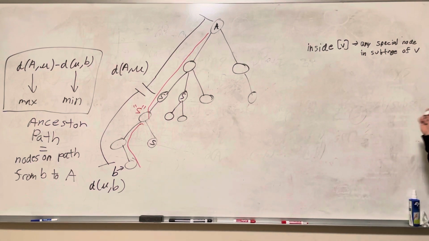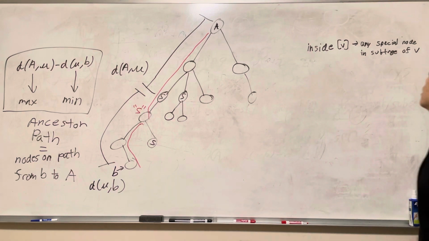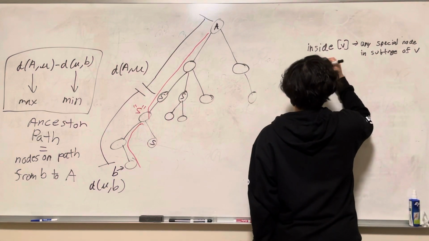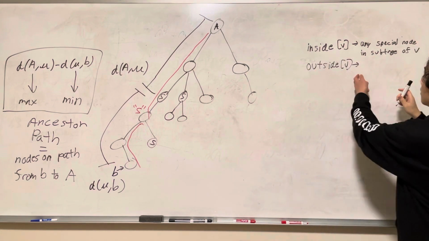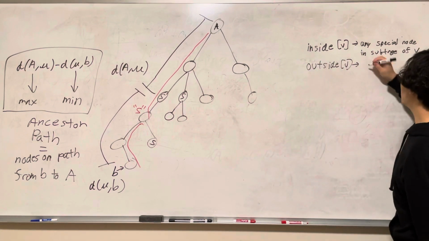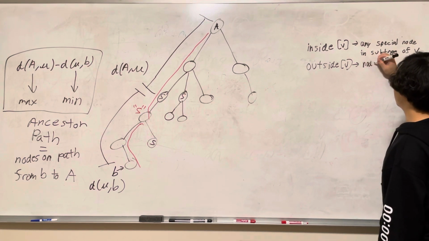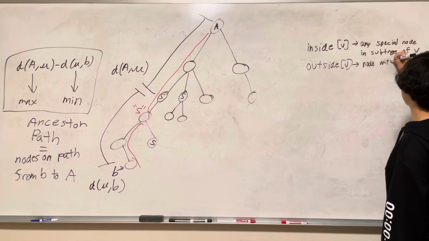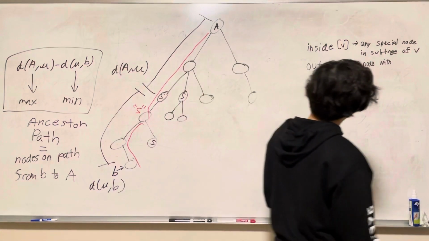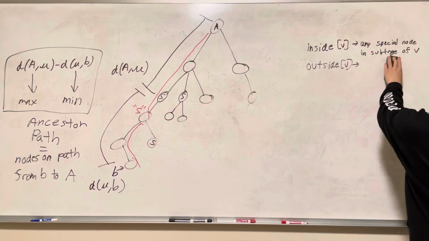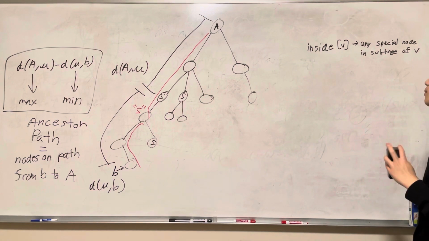and you also need to know when a subtree doesn't have a special node inside of it. And then we also do outside of V. Or actually, wait, outside of V. What's a better way to say this?